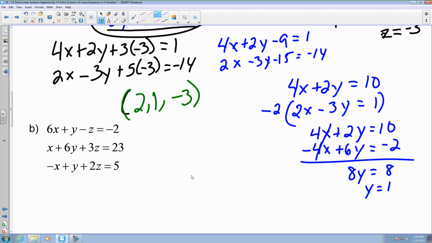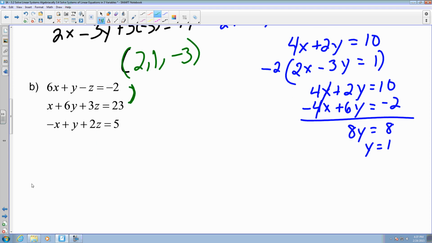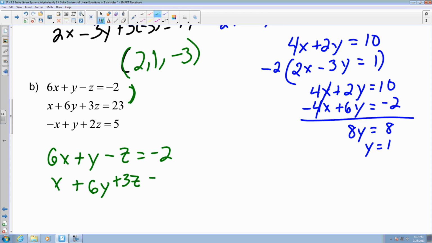Give myself some more room. There's a lot of work involved. So again, same thing applies. I'm just going to pay attention to the first two equations. So I got 6x plus y minus z equals a negative 2. And I got x plus 6y plus 3z equals 23.